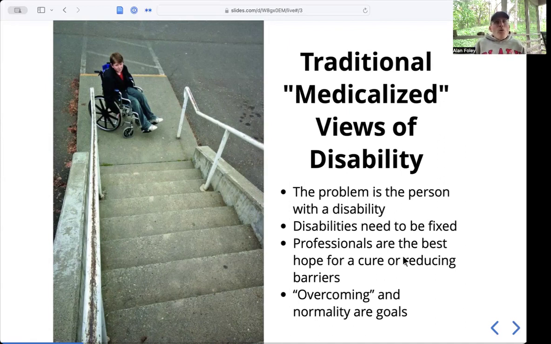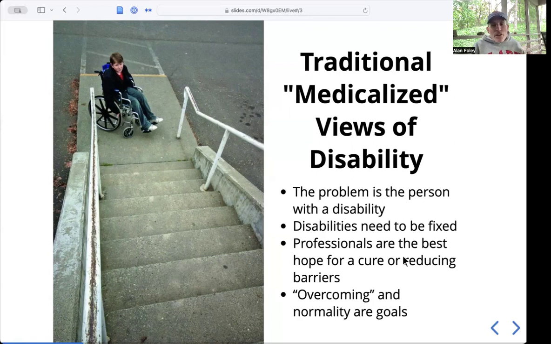This is where the disability is viewed as a problem with the person, as something to be fixed, that we can rely on professionals to provide a cure or fix the person with a disability.